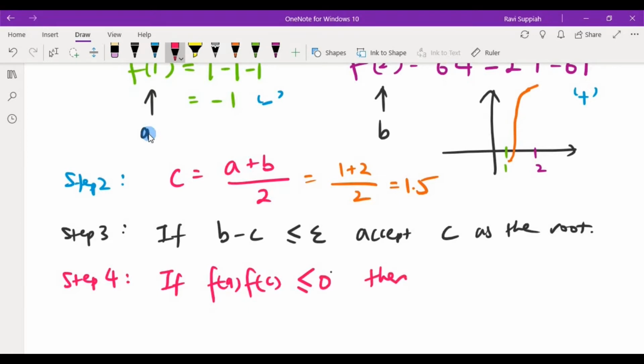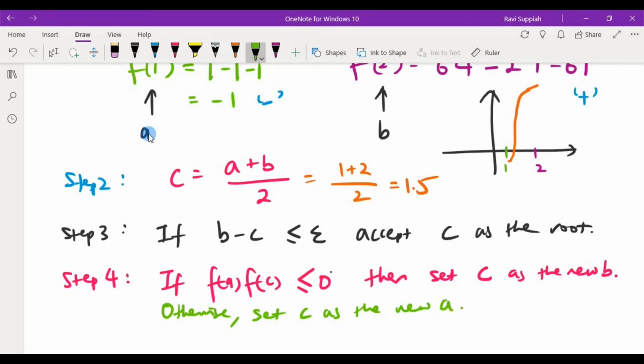If so, we set c as the new b. Otherwise, set c as the new a. Then go back to step 1.